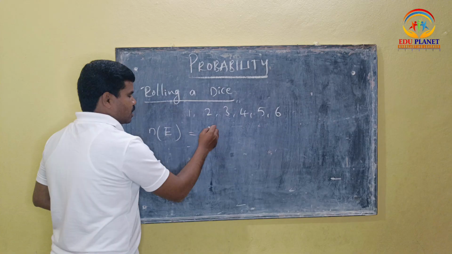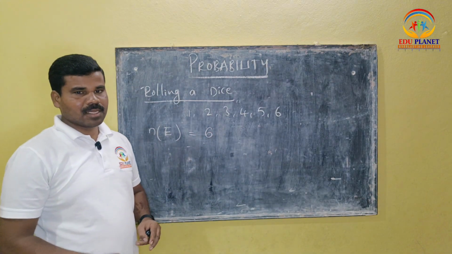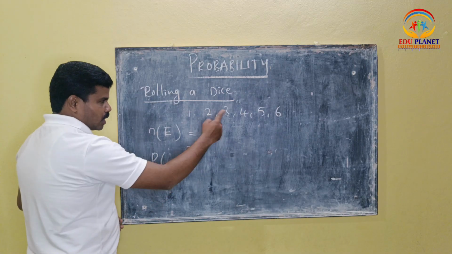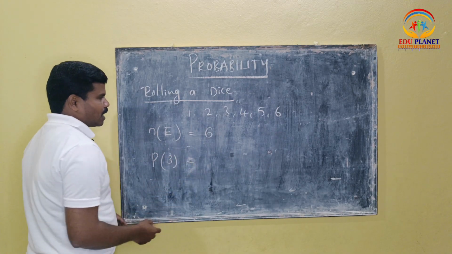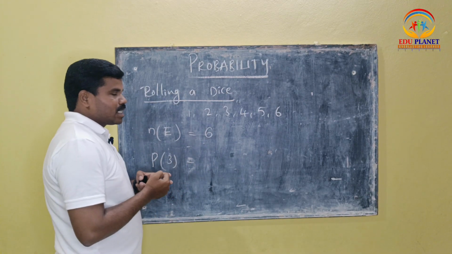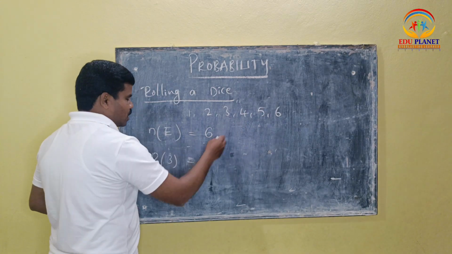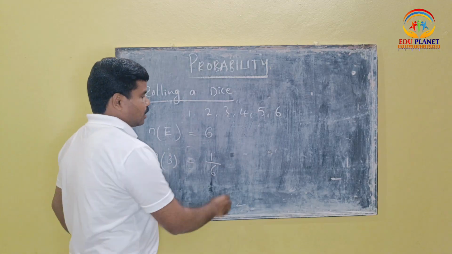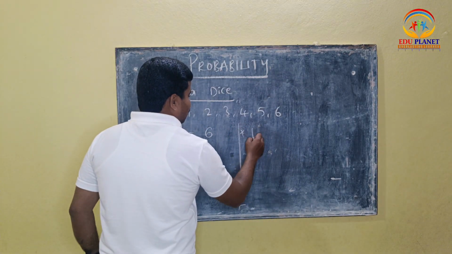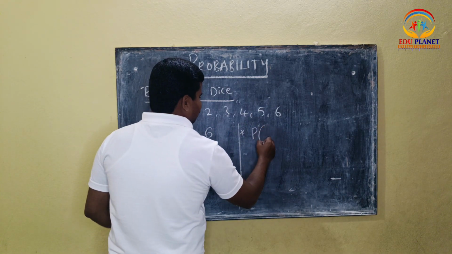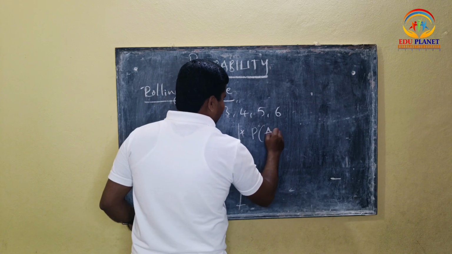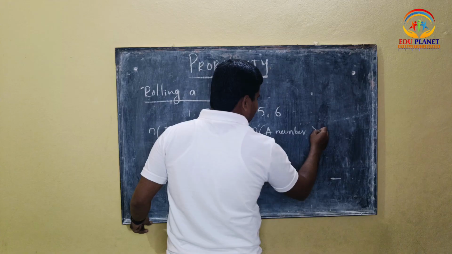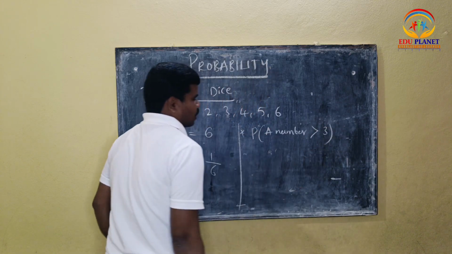How many outcomes are there? 6 outcomes are there. Suppose I am looking for the probability of 3. When I roll a dice, how many chances of getting 3 will be there? 1 chance, 1 out of 6. And one more, probability of getting a number which is greater than 3.